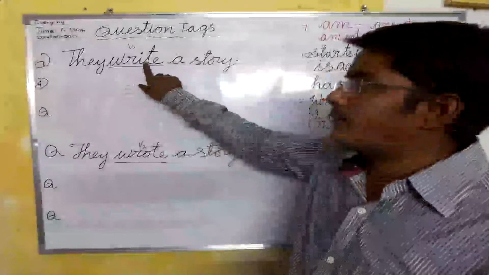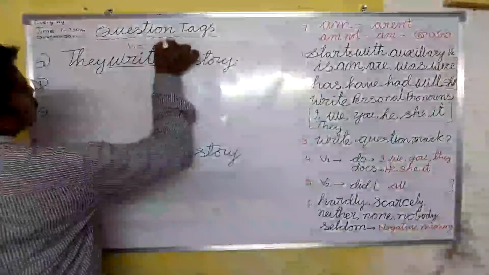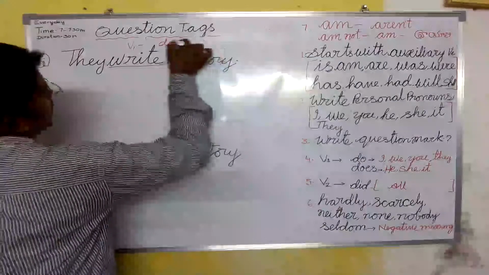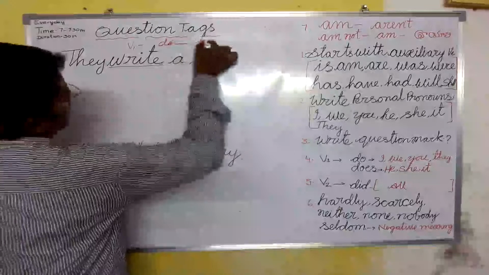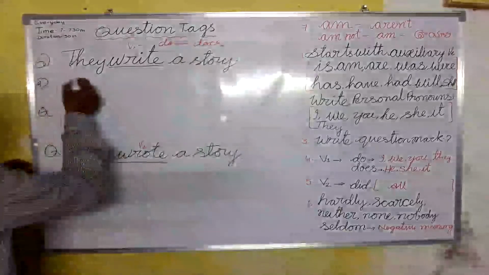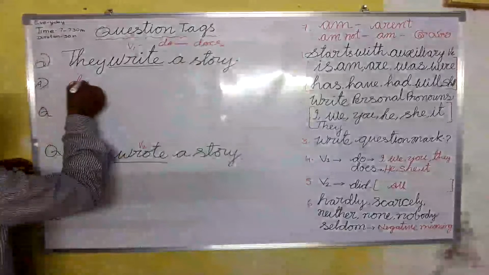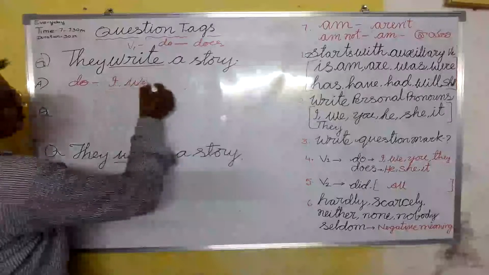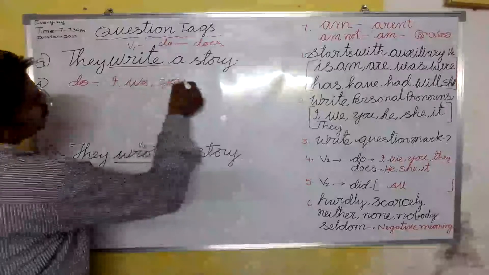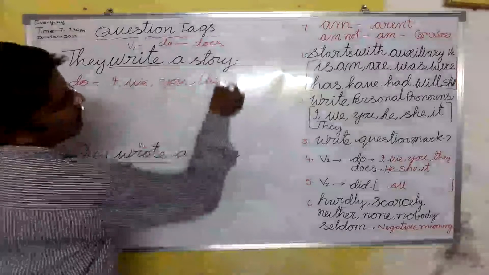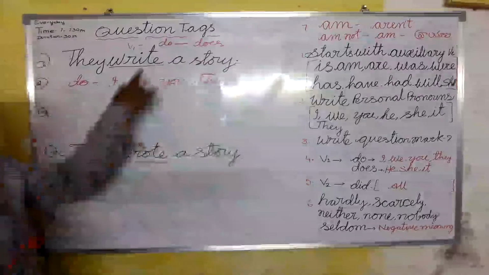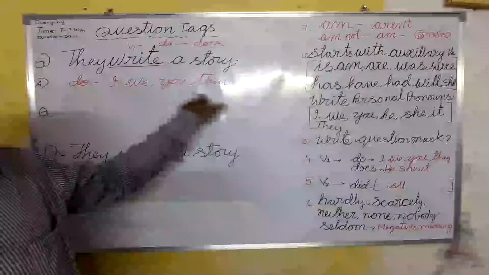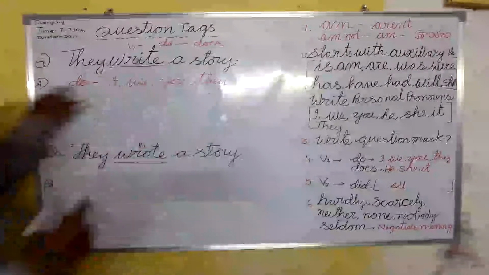If you observe verb 1, we have to use do or does. When do we use do? When the subject is I, we, you, they. If you observe any one of these, then you have to use do.